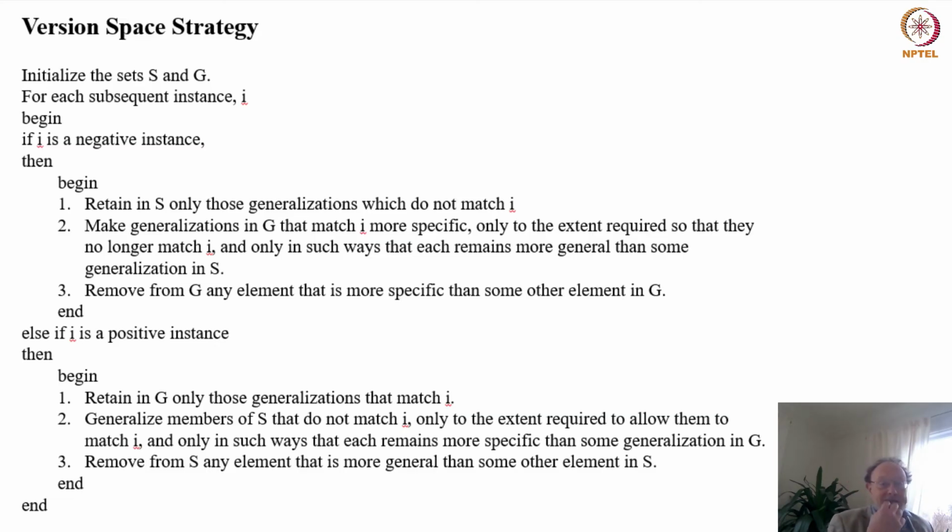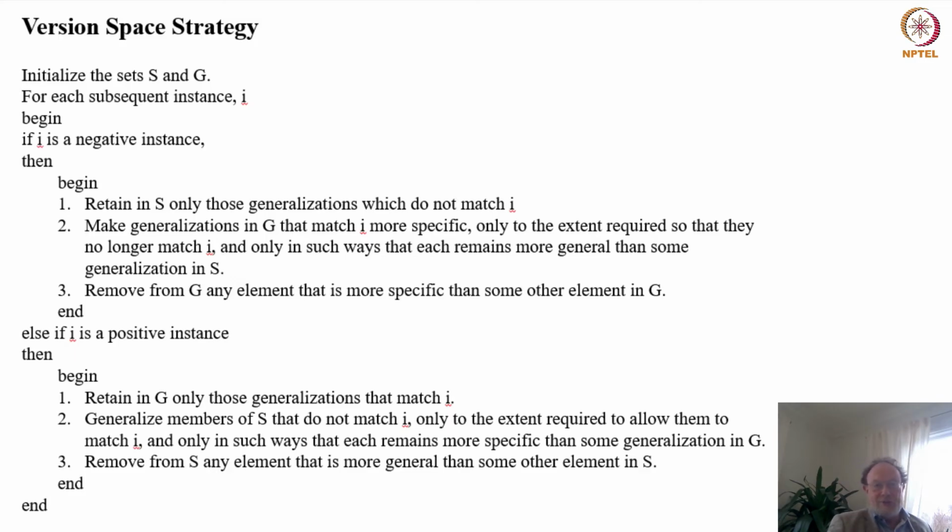Then there is a second case in each block of actions. For this case, for the negative case, we look at generalizations of G that match E, more specific, only to the extent required.